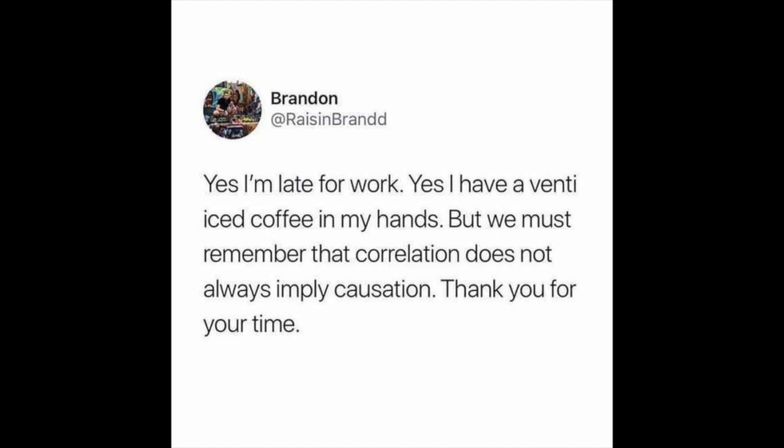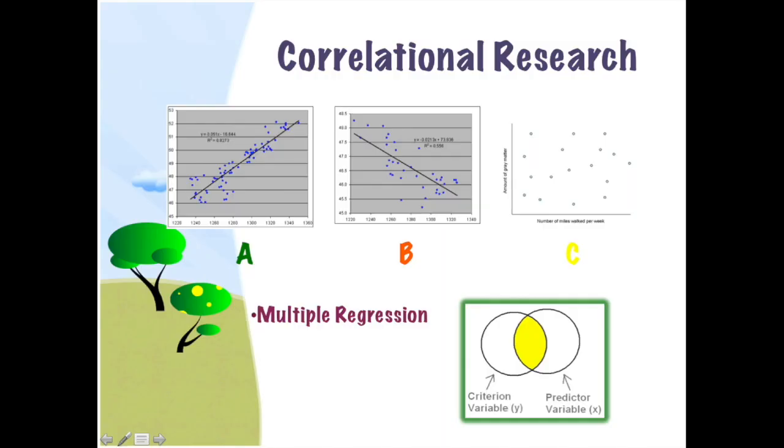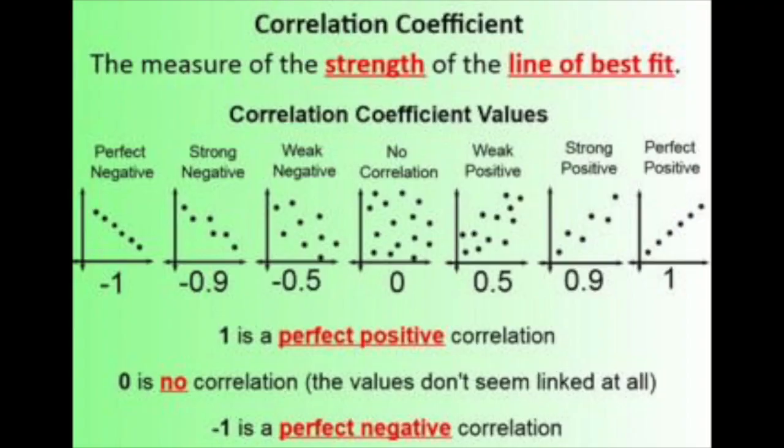But with correlational research, we're not looking to compare the difference between two groups. What we're looking to do is to see if there is a relationship between one variable and another variable. So when X happens, what does Y do? It's not that X is causing this change in Y, it's just that they happen to be moving this way in this space and time.